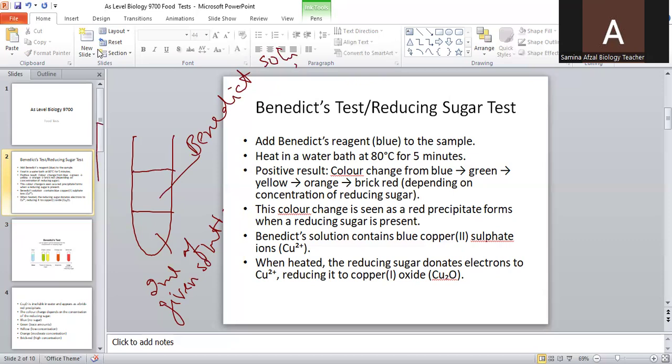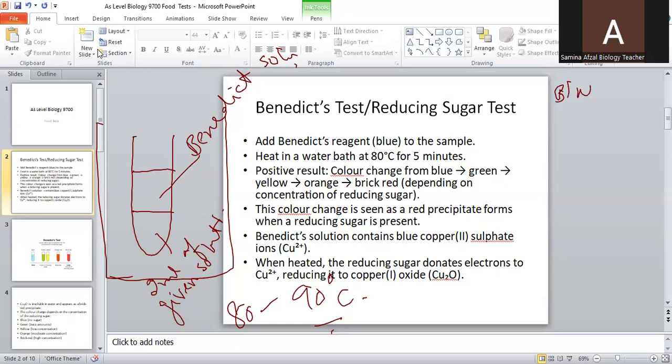Then you will heat it in a water bath at about 80 to 90 degrees centigrade for about 5 minutes. Then you will see the color change pattern, or the color changes from blue to green, yellow, orange, or brick red. As you know, the Benedict solution is blue in color.